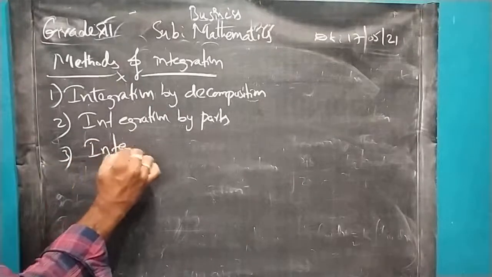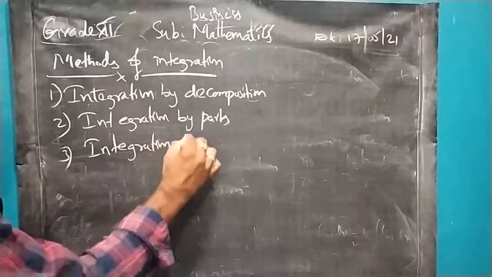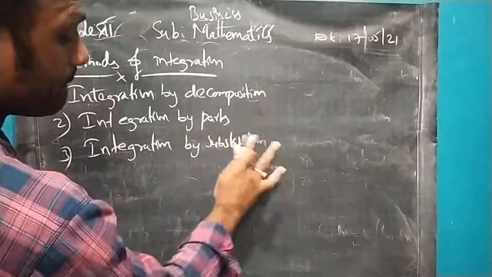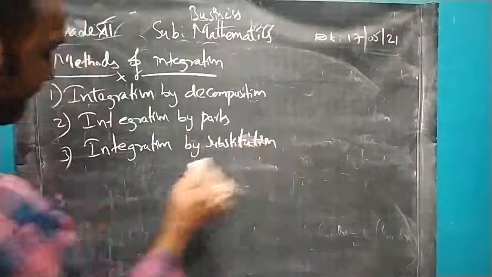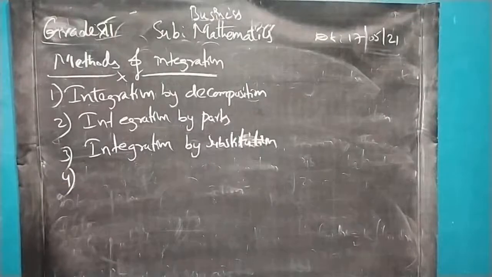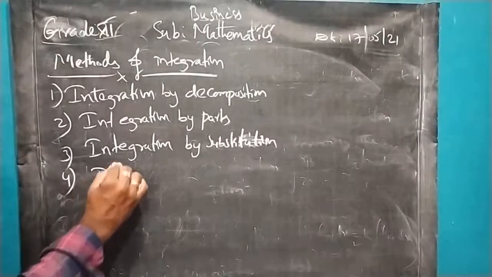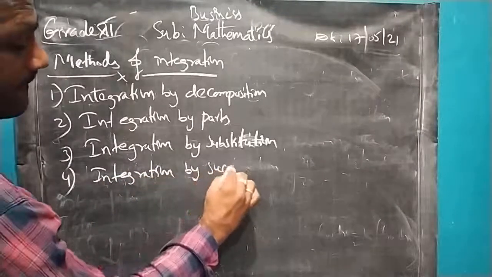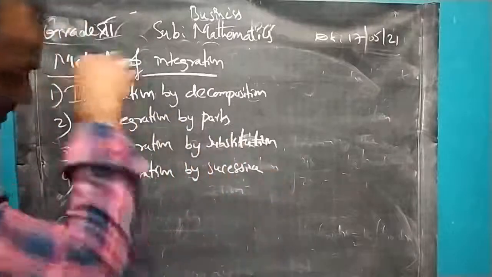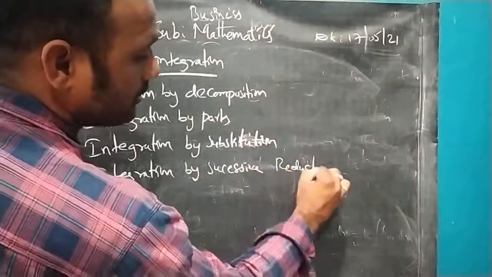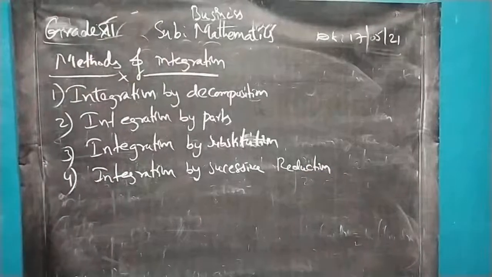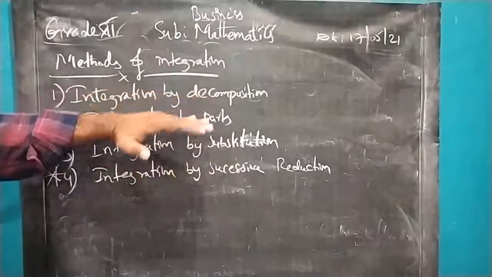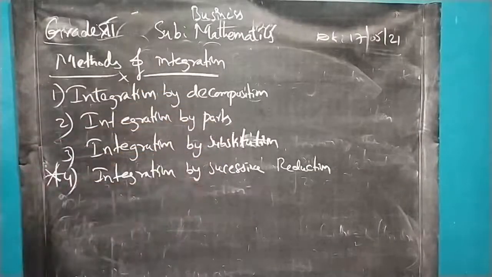Integration by substitution. Integration by successive reduction. So these are the 4 methods, but in this chapter we are not going to learn all of them. We are going to learn integration by decomposition, by parts, as well as substitution.